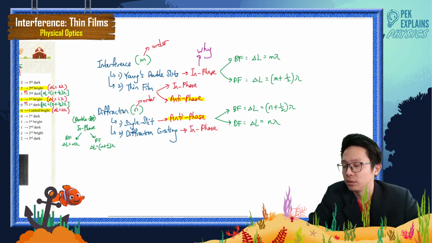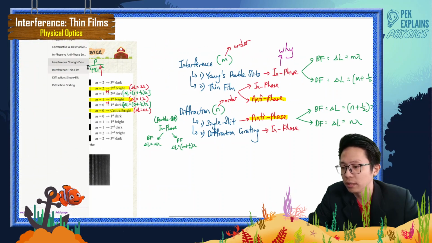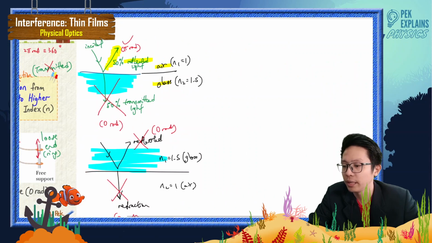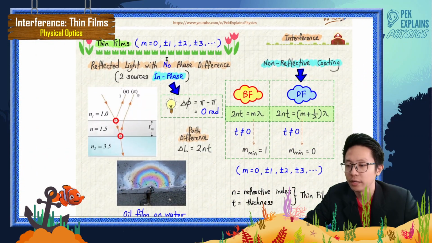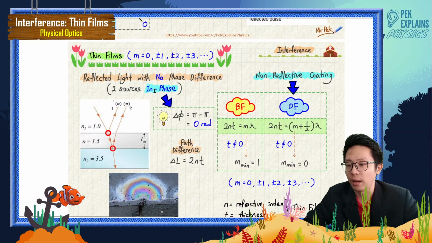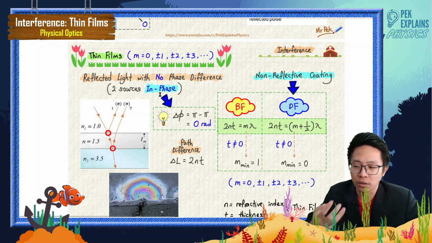We need to investigate that. Let us learn the first one, the in phase. What brings this category of in phase to thin film?